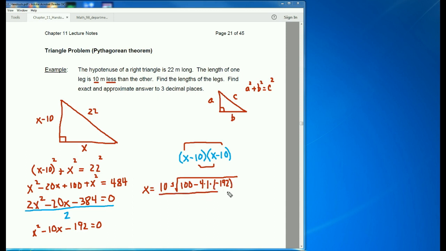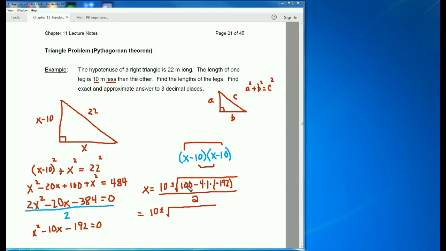And all divided by 2 times A is 1, so that's just divided by 2. Let's see, so 10 plus or minus the square root of, let's see what we got up here. And again, notice that C is negative, so minus a minus is going to turn into a plus.